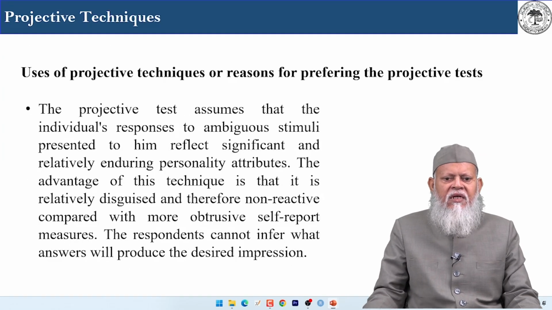The projective test assumes that the individual's responses to ambiguous stimuli presented to him reflect significant and relatively enduring personality attributes. The advantage of this technique is that it is relatively disguised and therefore non-reactive compared with more obtrusive self-report measures. The respondents cannot infer what answers will produce the desired impression.